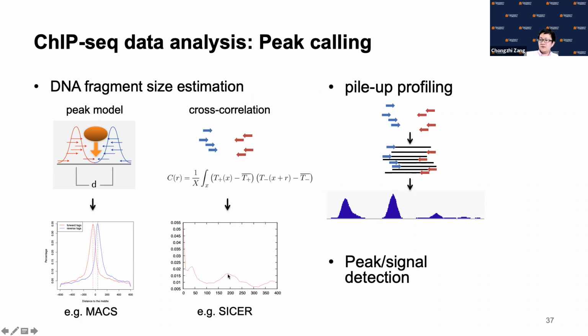The cross correlation curve is represented here, and the peak on the cross correlation curve can be regarded as the estimated fragment size.